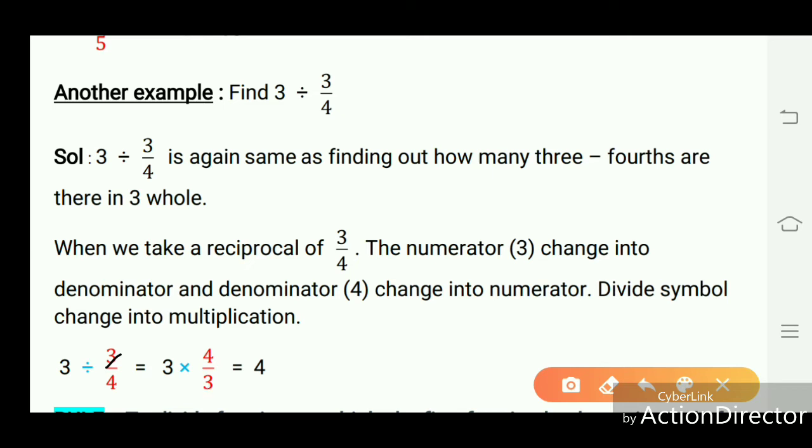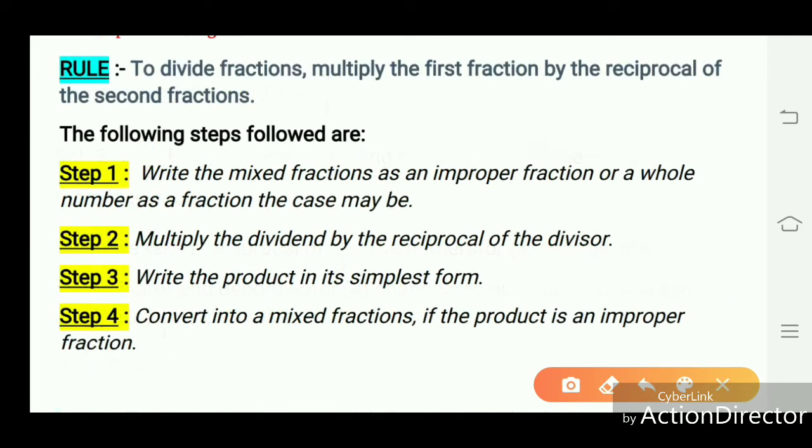And 3 divided by 3 is one time. So 1 4s are 4. We get the rule: to divide fractions, multiply the first fraction by the reciprocal of the second fraction.